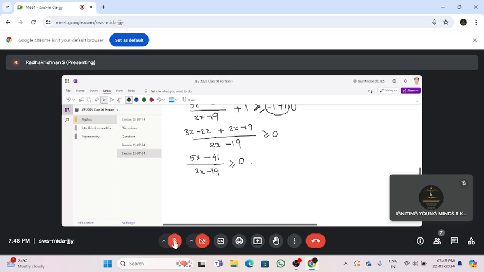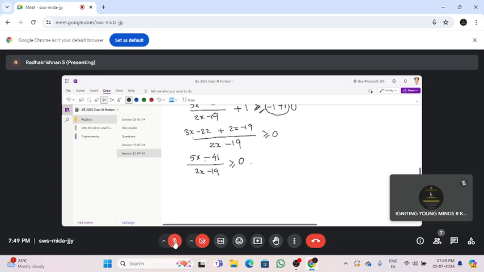So what is next? We know that a fraction will be greater than 0 if both numerator and denominator are positive, then the ratio will be positive. Similarly, if both are negative, then also the ratio will be positive, right? Greater than or equal to 0 means it should be positive.